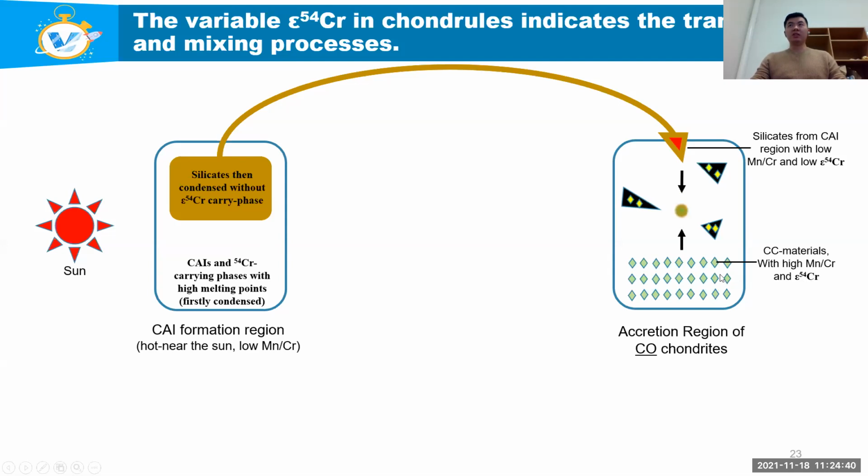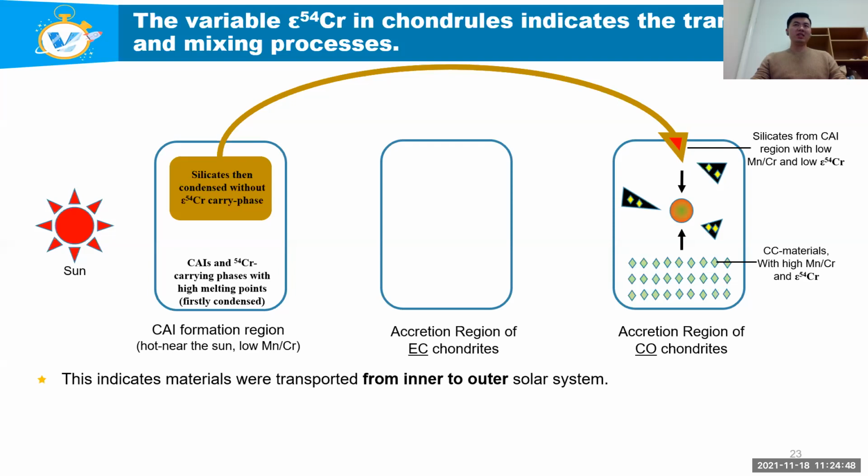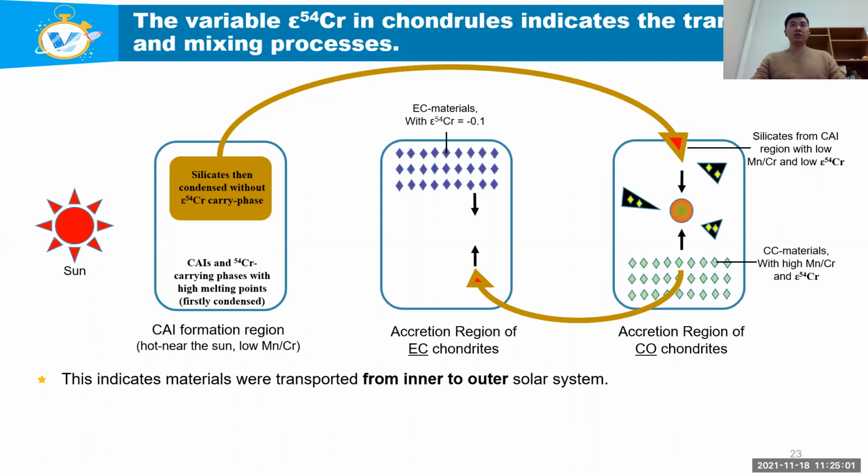So they finally formed the epsilon 54 heterogeneity in CO chondrules. And for the EH chondrules, maybe some material from the CC accretion region was transported inward to the EC accretion region and contaminated the EC chondrules.